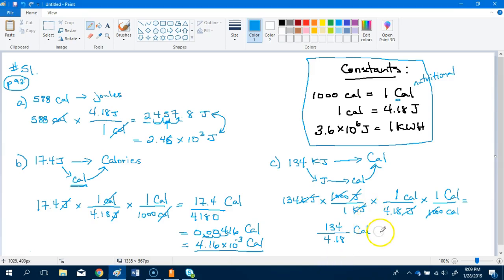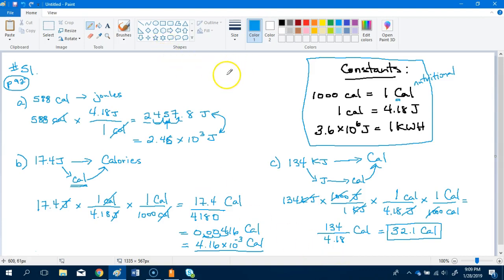And that gives me, when I divide 134 by 4.18, 32.1 nutritional calories. And I don't have to do any scientific notation. I can just leave it as is because it's to 3 significant digits, so I'm fine that way.